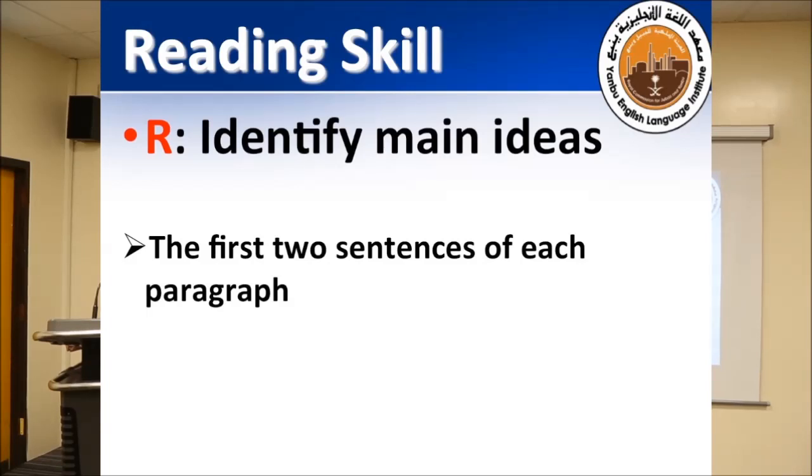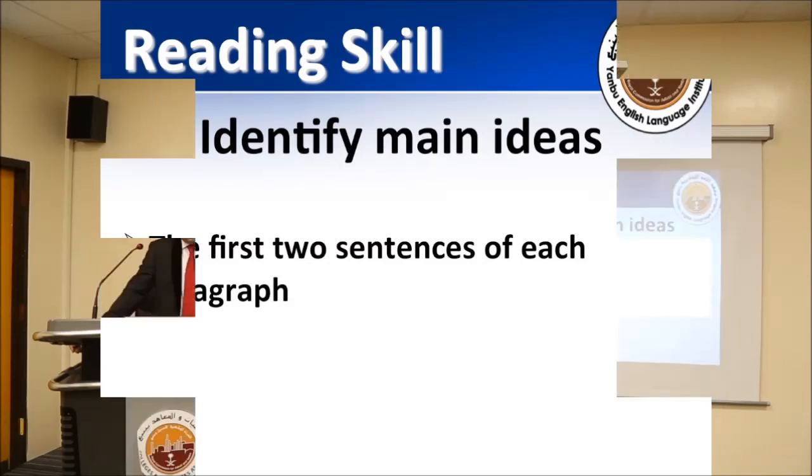When you read a passage, you have to read the first 2 sentences of each paragraph carefully, because most of the time the main ideas are presented in the first 2 sentences. But it's not necessarily so. Sometimes main ideas are given in the middle or at the end of the paragraph. Therefore, you should read the first 2 sentences of each paragraph carefully, because they can help you identify the main ideas.